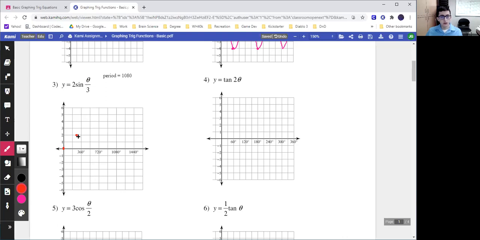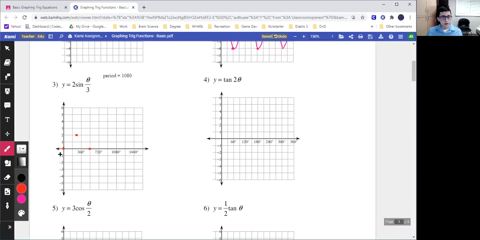Okay, and then 180. What can we plug in here to get this to be 180? It would be 540, I think. So that would be here, and sine of 180 is 0, times 2 is still 0.